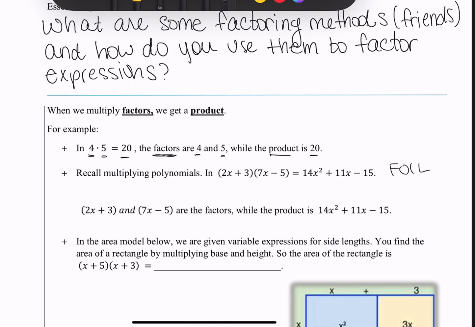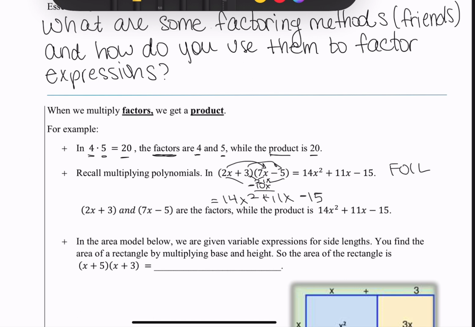For example, when multiplying these two binomials, if I multiplied the first terms, I would get 14x squared. Multiplying the outers gave me negative 10x, and multiplying the inners gave me 21x, and when I combine those, I get my middle term of 11x. And then multiplying the last terms gave me the negative 15. So this matches the product that we're given.